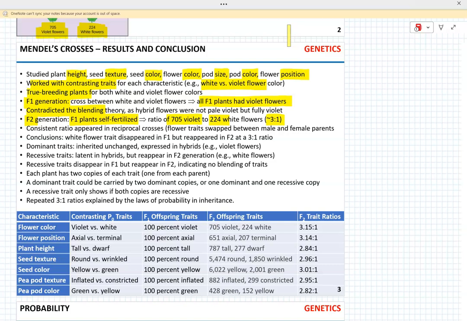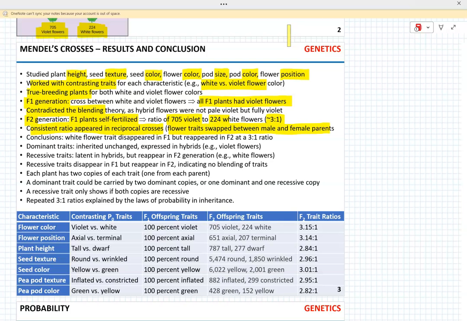To control for potential differences between the male and female plants, Mendel carried out reciprocal crosses, when these flower traits were swapped between male and female pairs. In other words, a violet flower could be male or female, and white flower could be male or female.